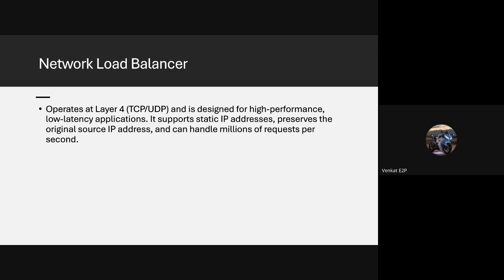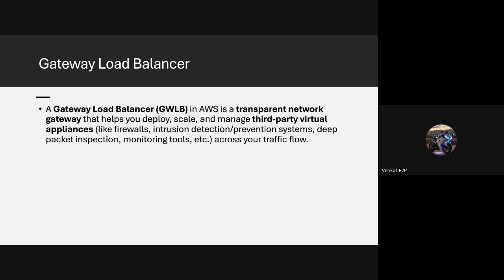And coming to the gateway load balancer, GWLB. It is used to deploy third-party virtual network applications such as firewalls or intrusion detection systems into the network traffic path in a scalable and manageable way.